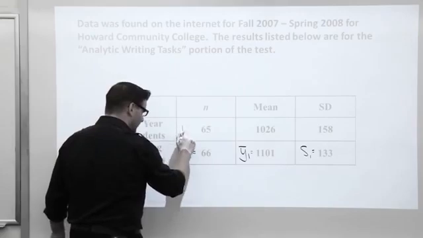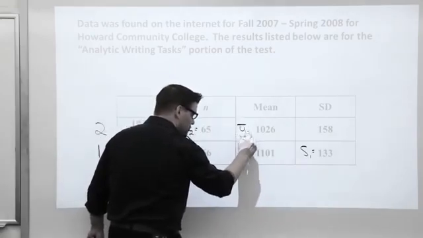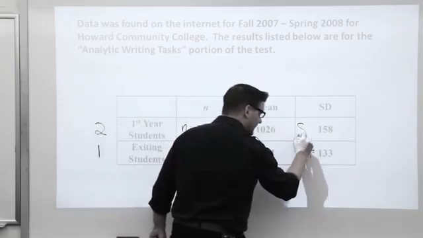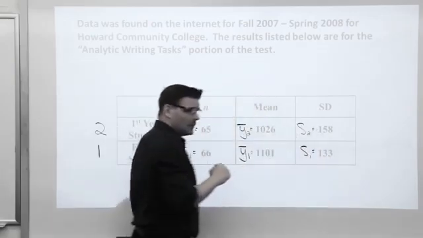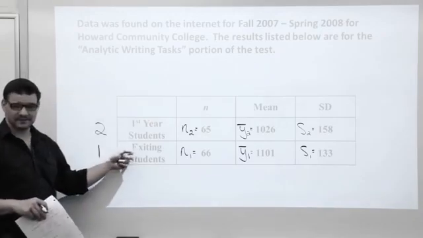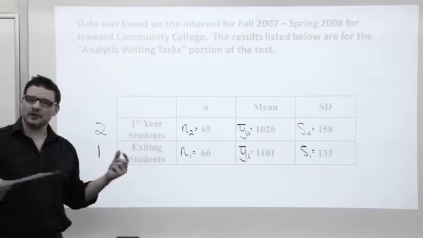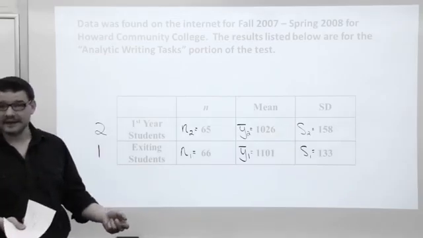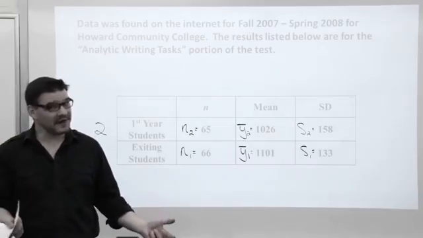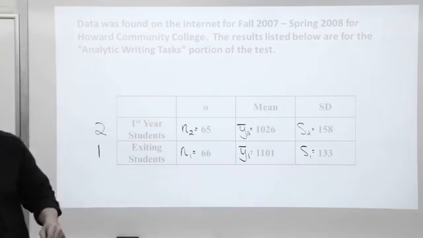And then the top row here, this would be n2 is 65, y bar 2 is 1026, and s2 is 158. Okay, so we can handle that, just the first sample's in the bottom row. You could reverse these and then you would run a less than test. I find those more difficult to comprehend, so I always try to force them into greater than tests.